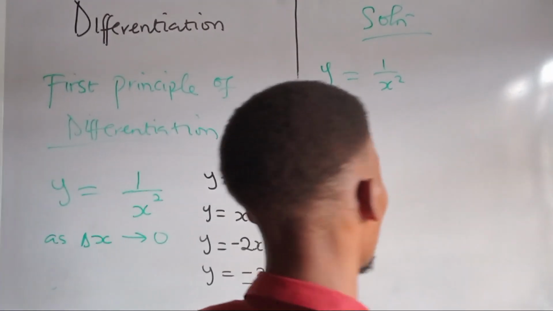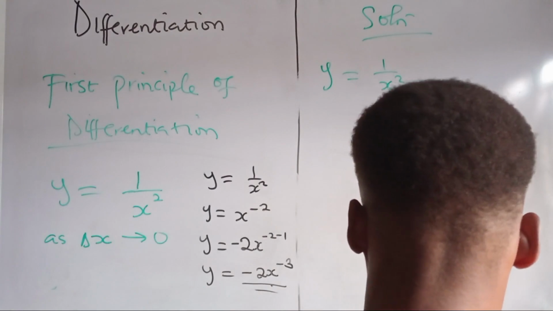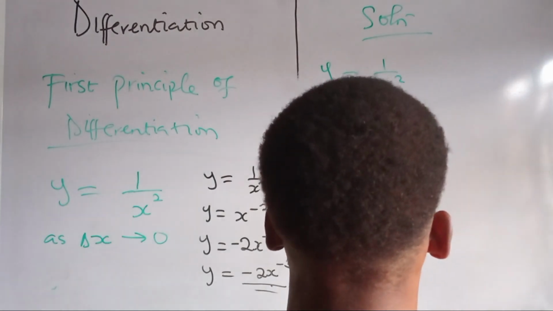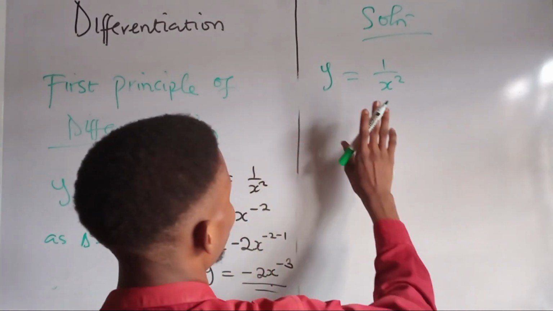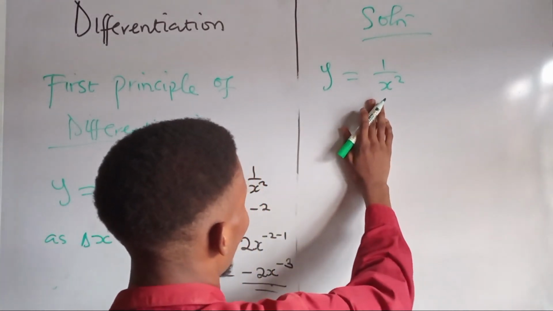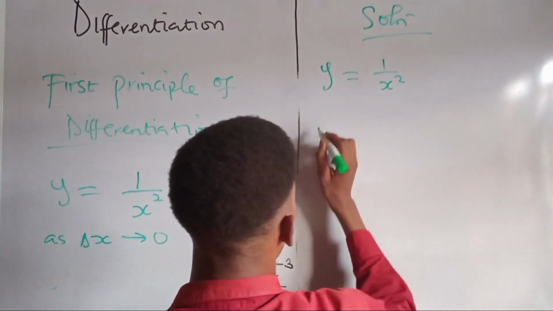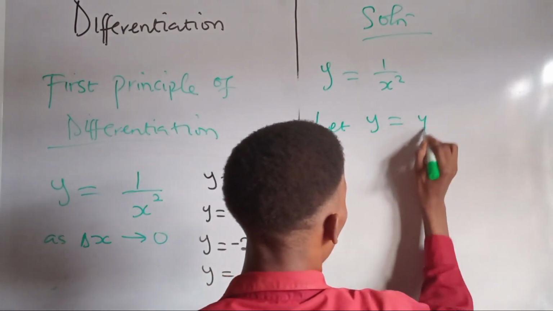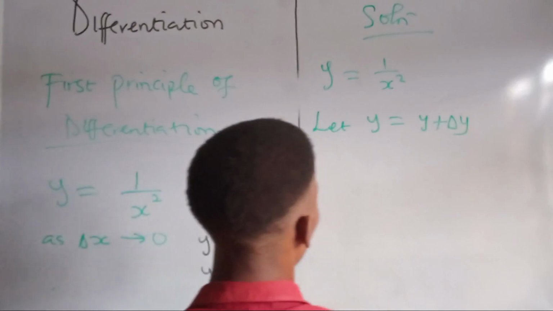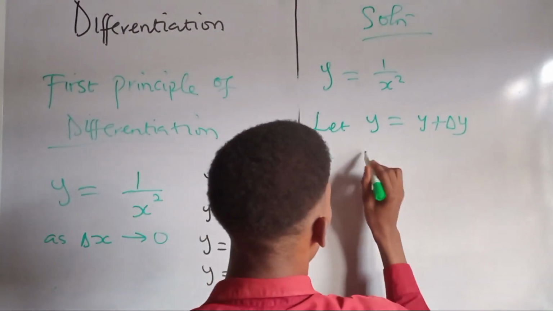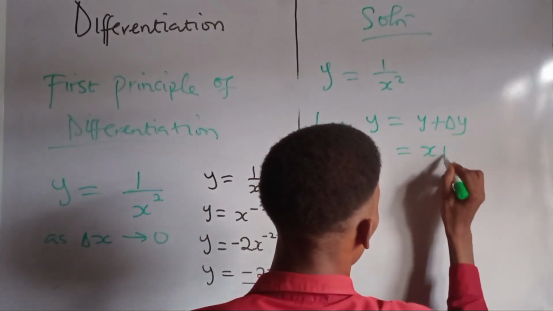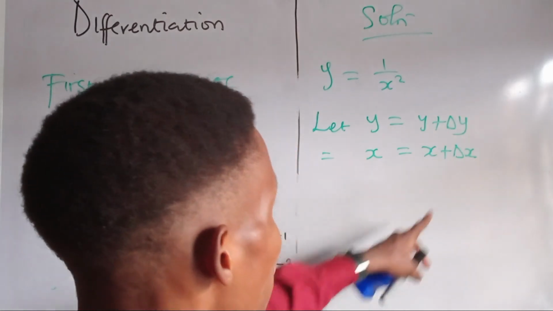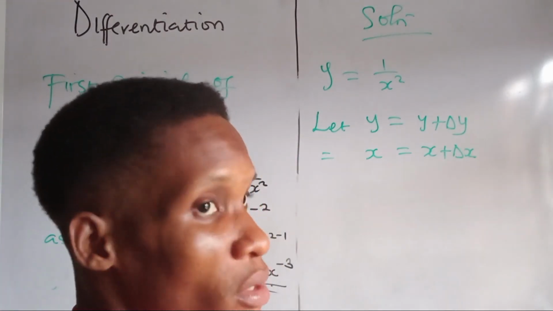Okay, so now, what do we say? Let y equals y plus change in y, and also let s equals s plus change in s. Whenever we see this, we're going to substitute that.